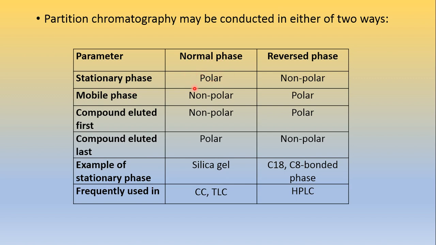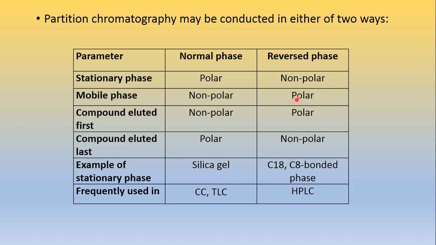Here it is polar in normal phase, where only silica gel is used as stationary phase or adsorbent, and no functionalization is done over the silica particles. But in case of reversed phase, the silica particles are functionalized with some organic compounds or organic moieties or hydrocarbons. These are covalently bonded with the silica particles, so it works as reversed phase.